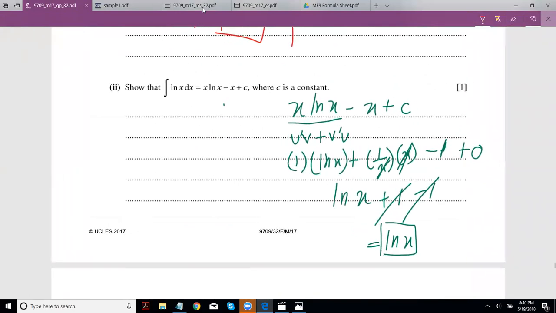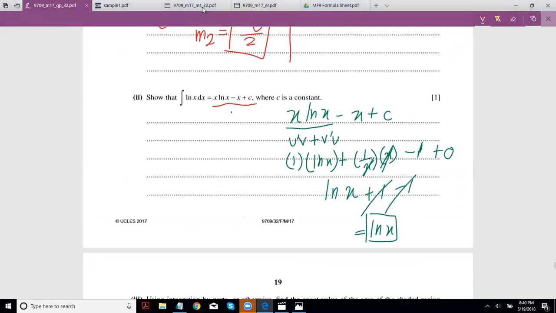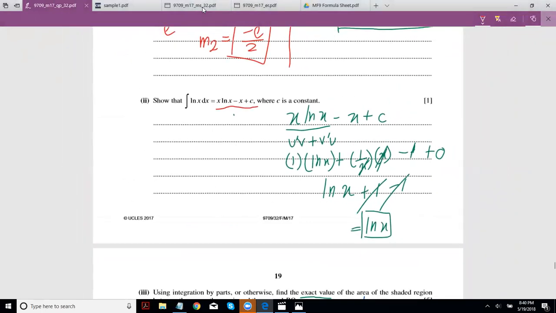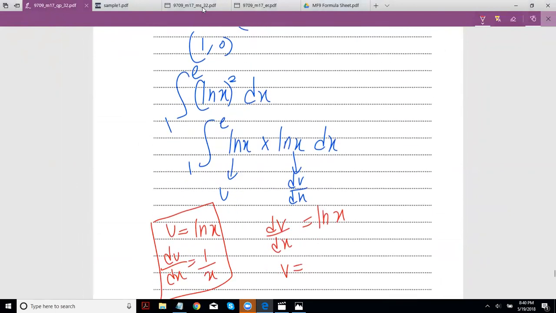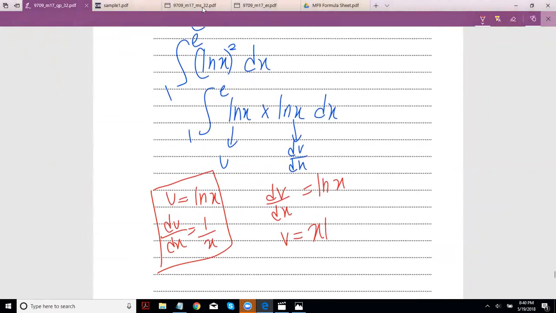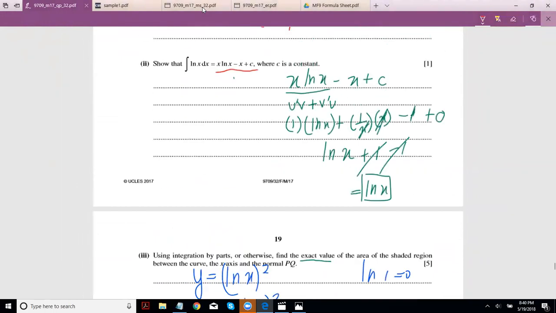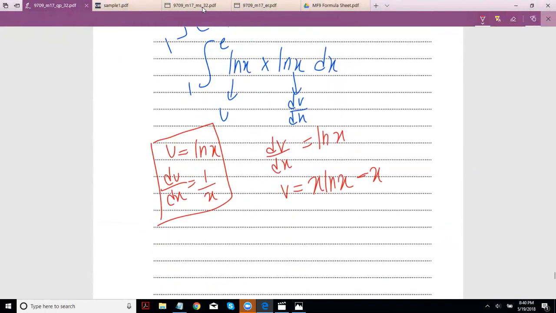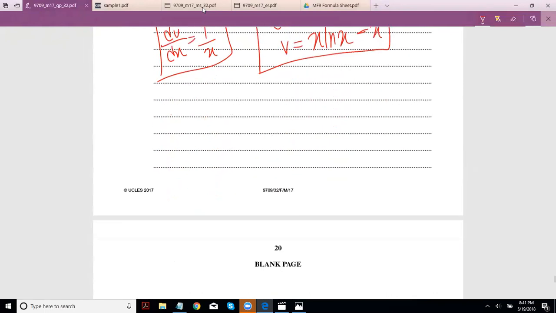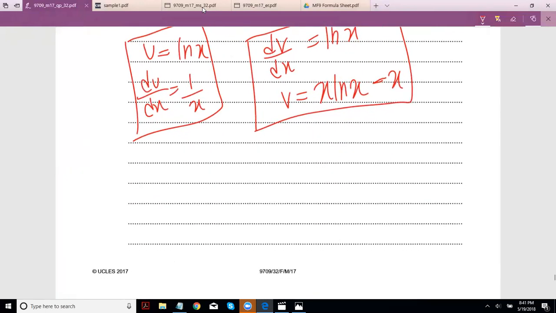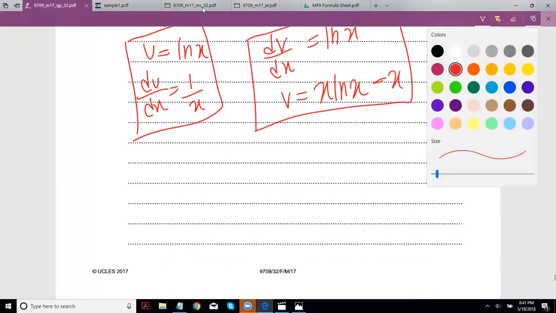So the integral would be x ln x minus x. You won't add c, because you only add c when you don't have your limits. You do have your limits in this case, so you won't bother adding c. So v would be x ln x minus x, because you've already proved that, and now you have the information for v and its derivative.